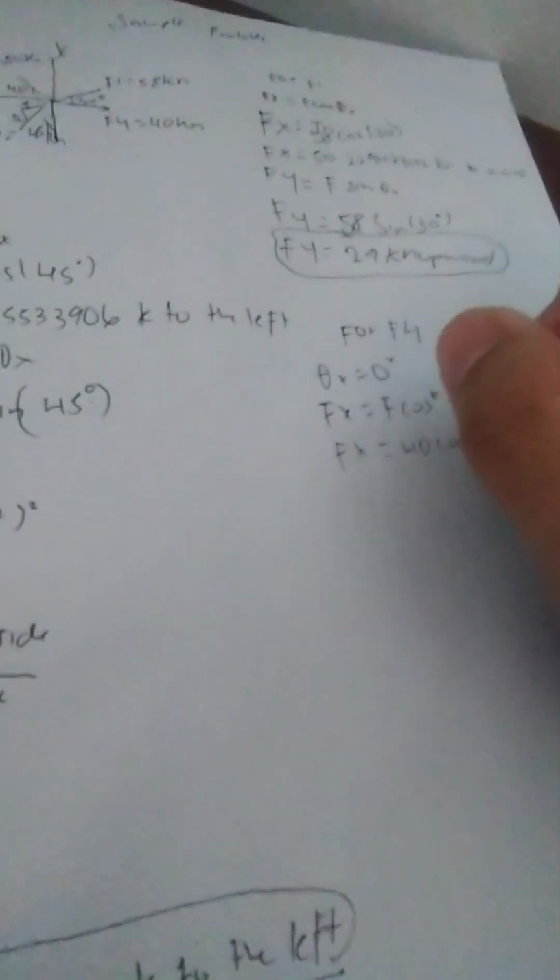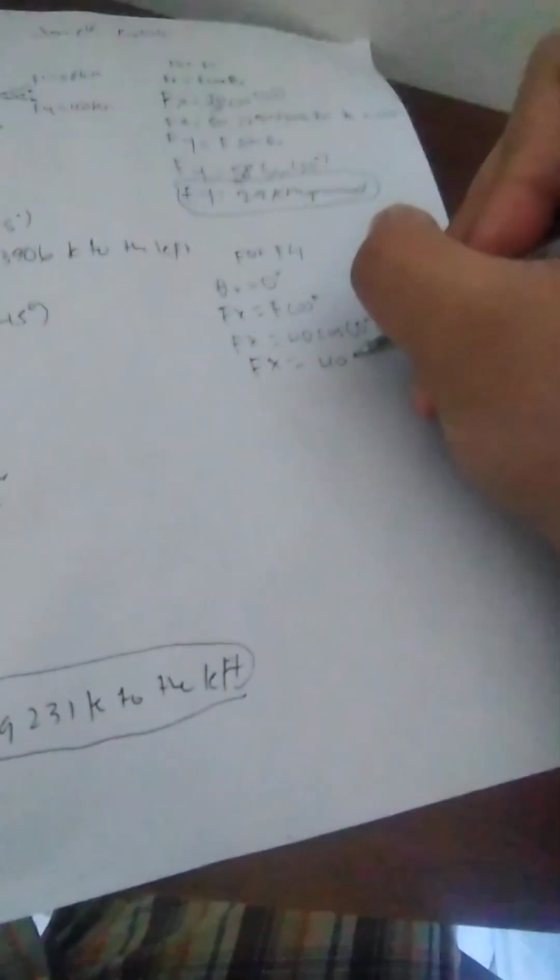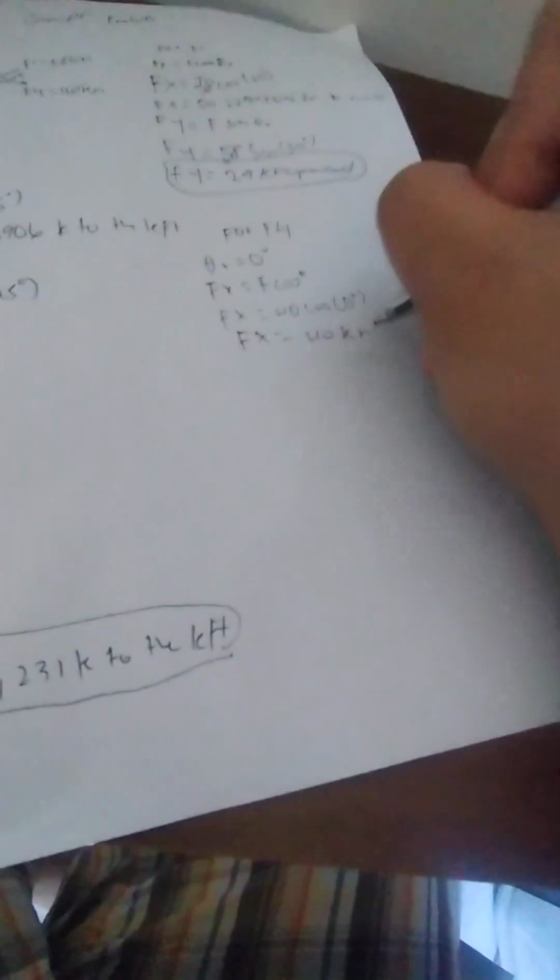So the final answer for Fx is 40 kN to the right.